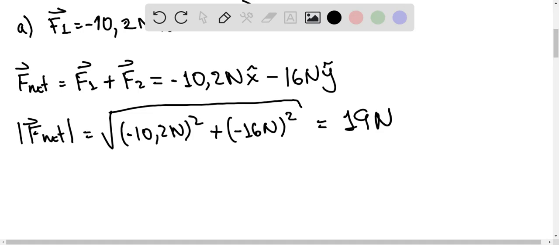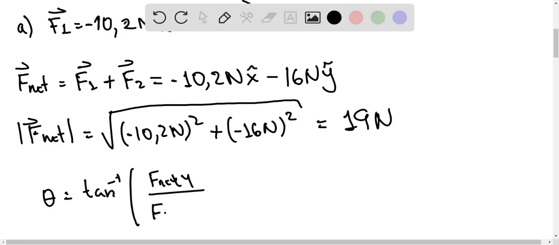We can also obtain the angle of this net force because it is the inverse tangent of the F net, the y part over the x part.